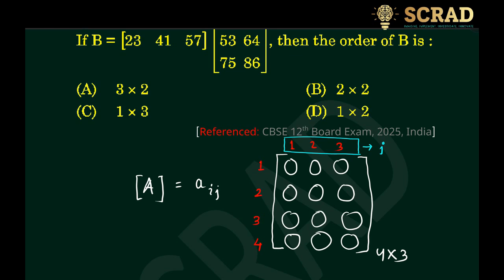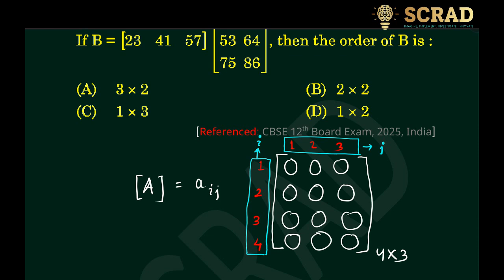As we mentioned, in a_ij, j refers to the column number and i refers to the row number. We have the set of row numbers here, 1 to 4, and these refer to i.